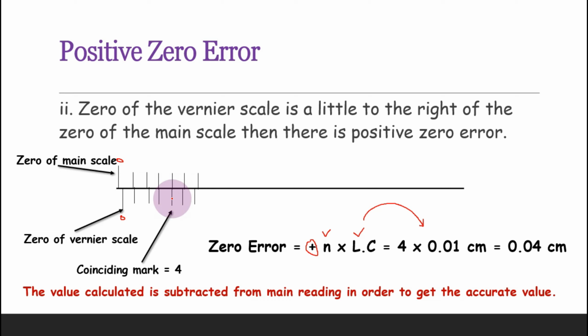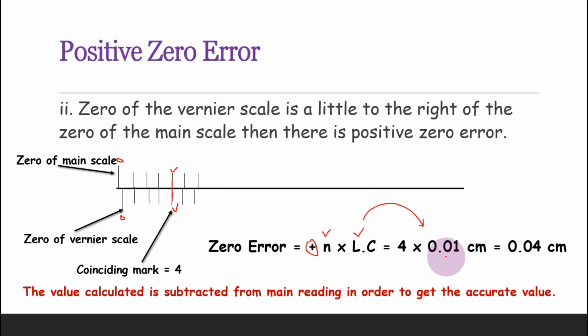So this 4 is coinciding, for example, exactly with this mark. You are not going to count this mark, you are going to count this one, the mark on the vernier scale, which is 4 in this case. So 0, 1, 2, 3 and 4. This n is this 4.